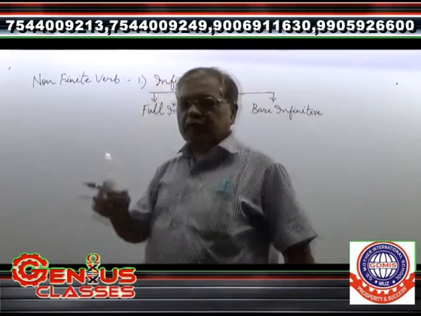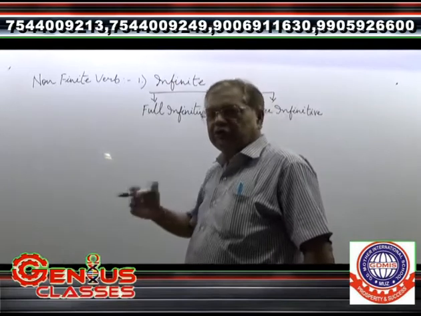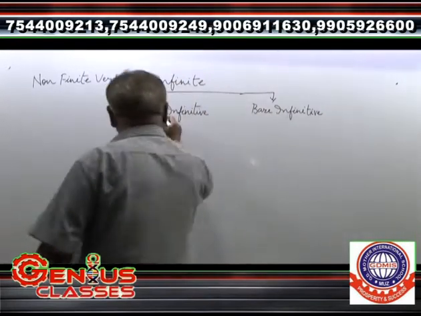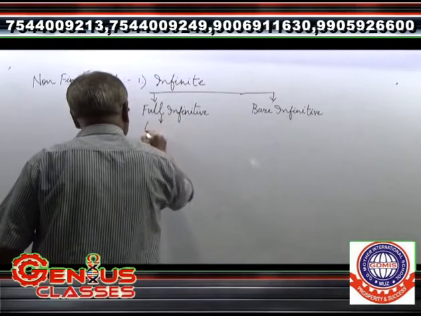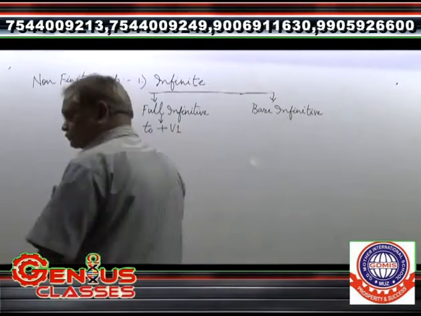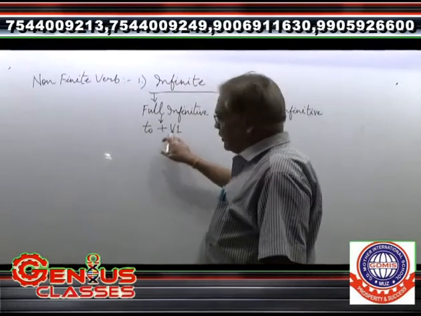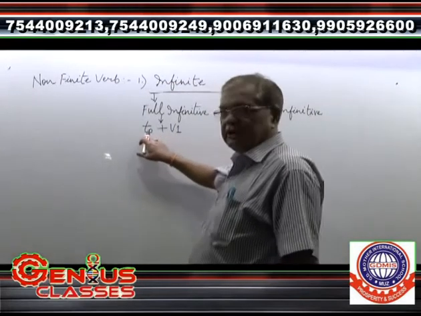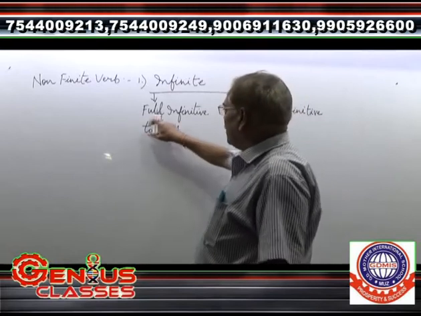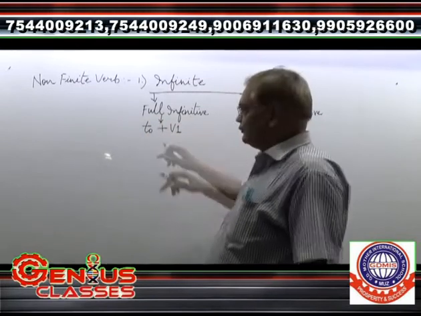So how do we recognize a full infinitive? Full infinitive means to plus V1. It means before the verb, the word to should be applied. So that is called a full infinitive.